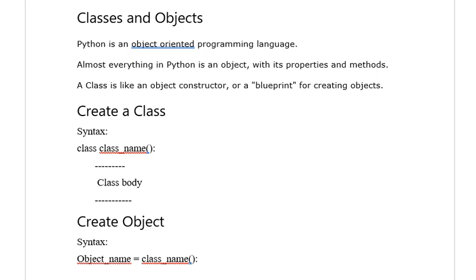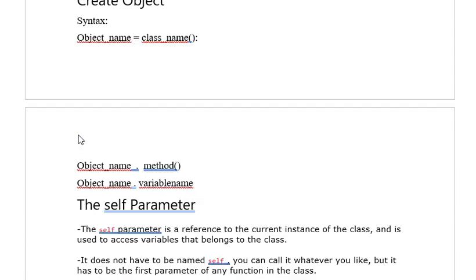Object creation is very important once the class is defined, otherwise we will not get the correct result. What is the syntax for object creation? The object name, and the class name which was defined over here. This is how we create the class and the object, as I explained in my previous video.